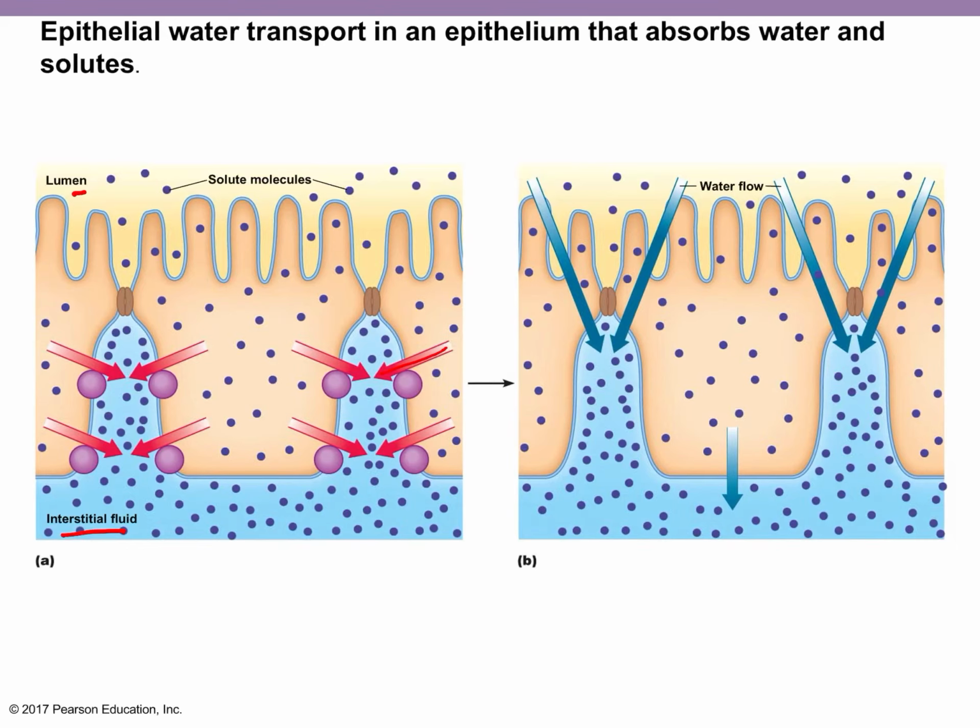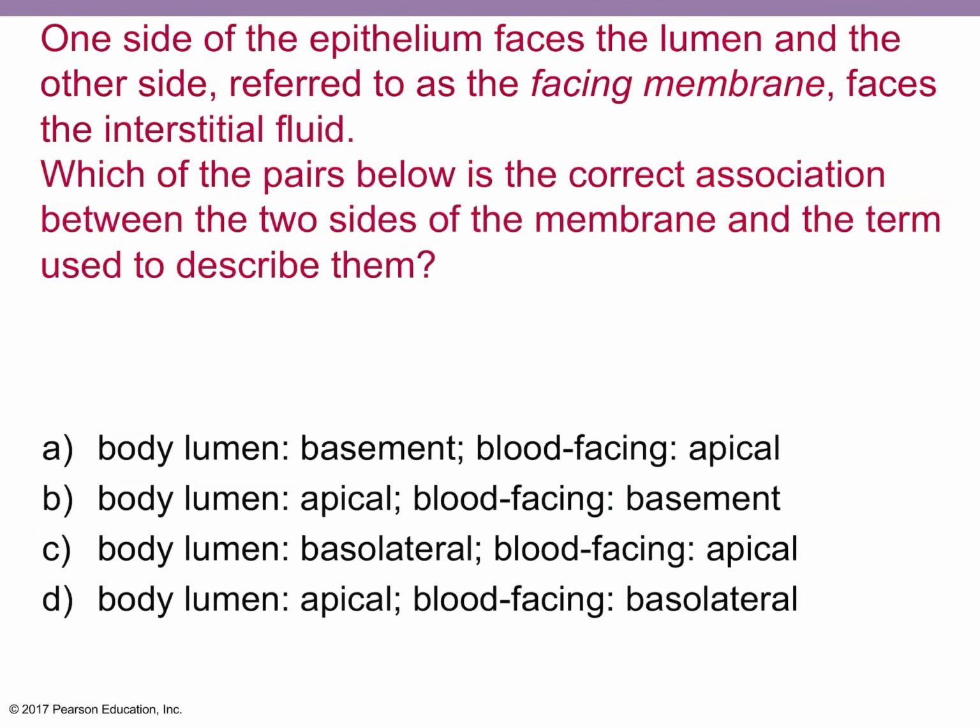So if there's a greater osmotic pressure for water to move towards the interstitial fluid, water will flow from the lumen, through the cells into the interstitial fluid. So it's moving towards this hypertonic environment, this environment set up by pumping out the solutes.